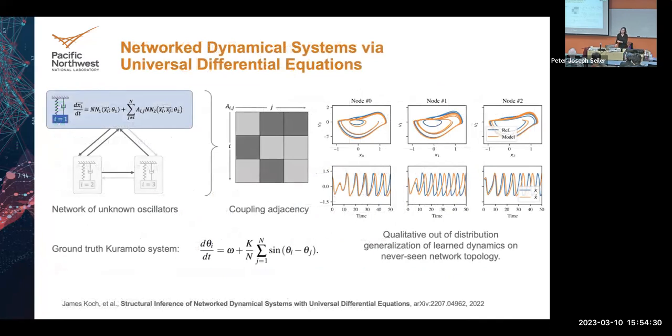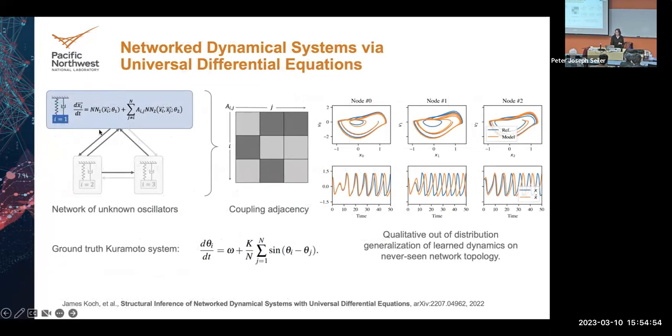We've also looked at systems that are more complex than that, in this case, networked dynamic systems. Oftentimes you see these types of systems in engineering. Some systems have physical interconnections, and each node has a particular dynamic evolution.